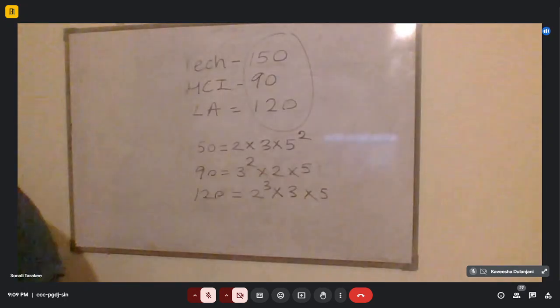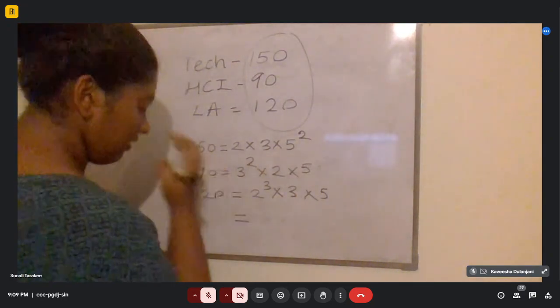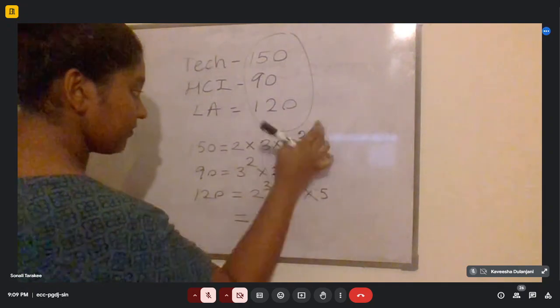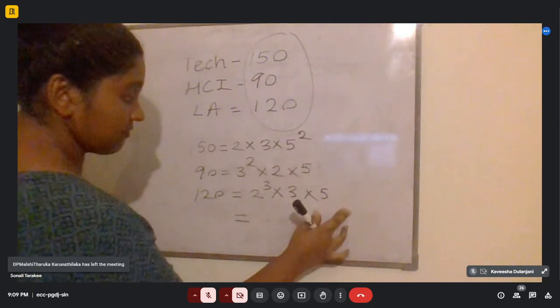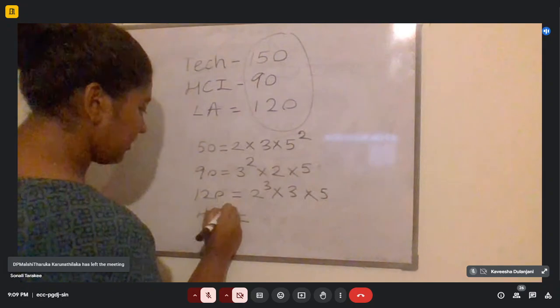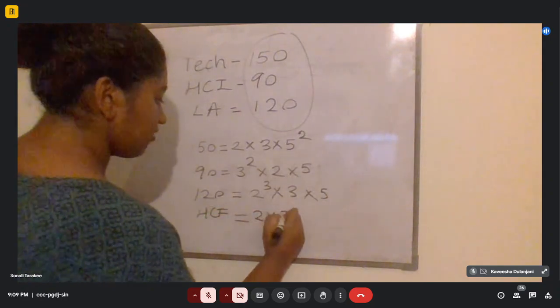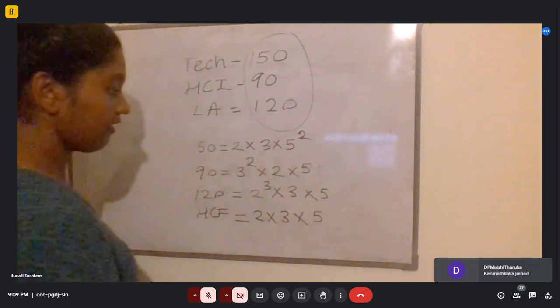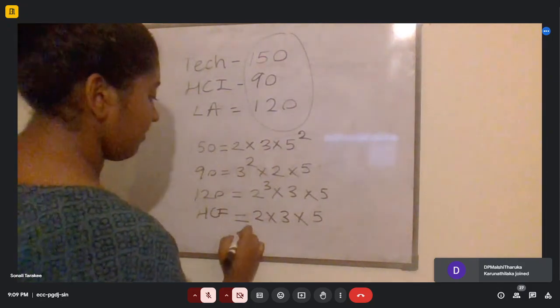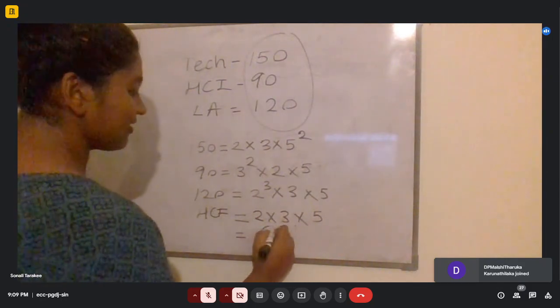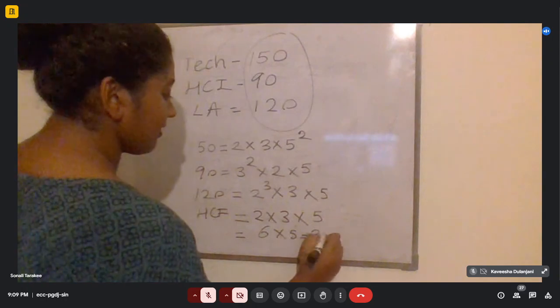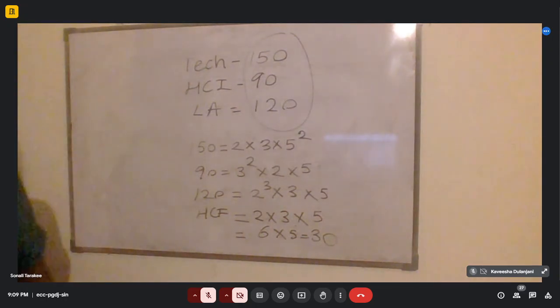So highest common factor is you have to take the common prime factors. So HCF means 2 into 3 into 5, which means 2 times 3 is 6, 6 times 5 is 30. So 30 people can be put in one room.